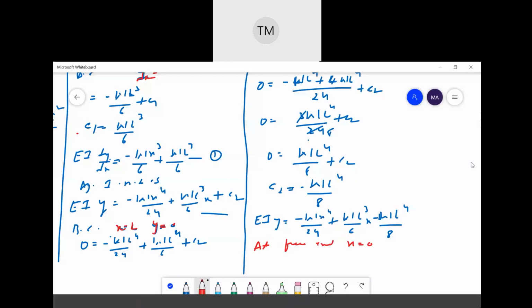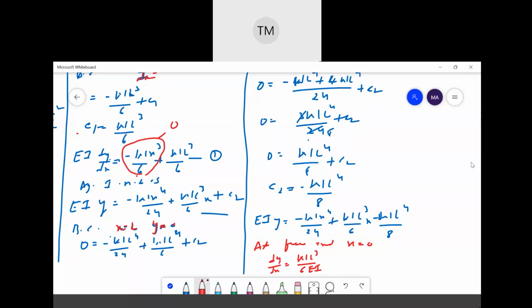When I substitute 0 here, this whole term will become 0. The remaining term is WL cube by 6. I will get dy by dx is equal to WL cube by 6 EI. This one will be your final slope for cantilever with a UDL.